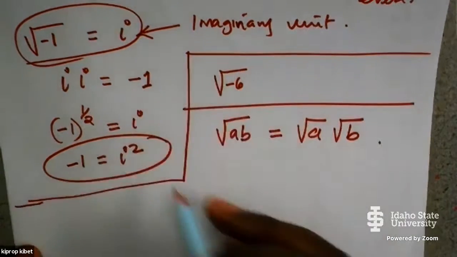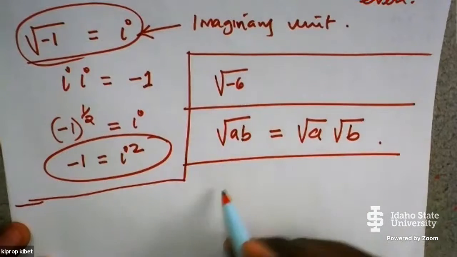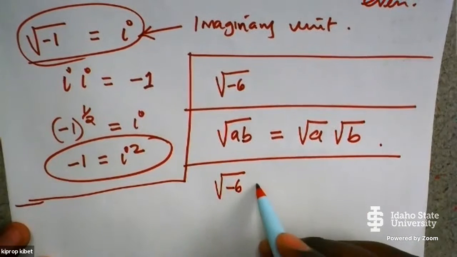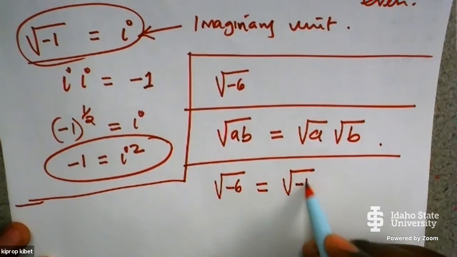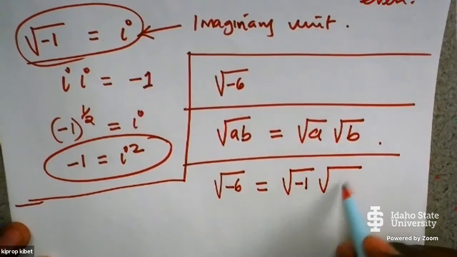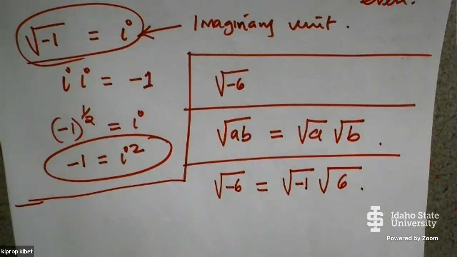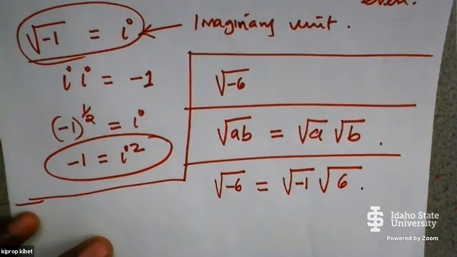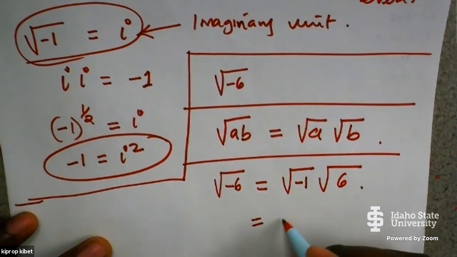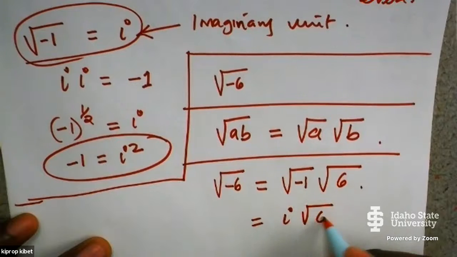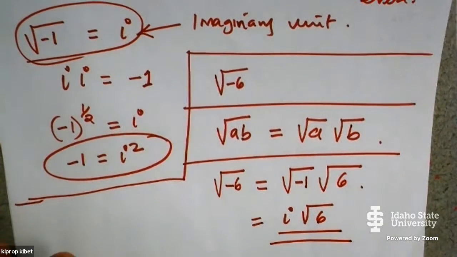So in our case, the square root of -6 is the same as the square root of -1 times the square root of 6. The square root of -1 is i, so this equals i times the square root of 6.